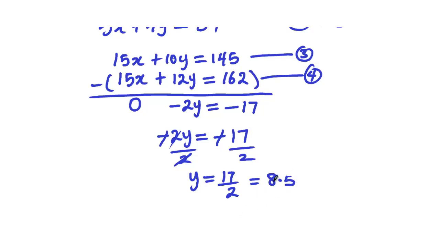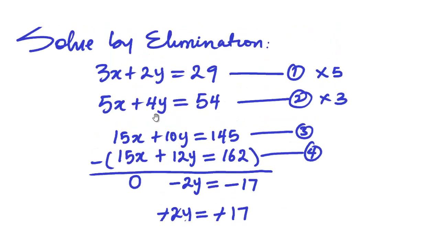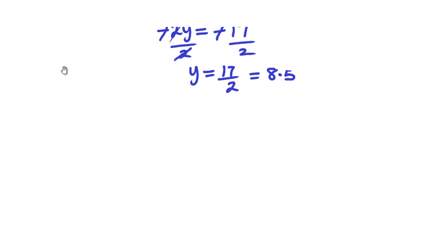Okay, so since we have gotten y, we can now substitute the value of y in any of equation 1 or 2. So let's use equation 1, which is 3x plus 2y is equal to 29. So now we substitute y, which is equal to 8.5 or 17 over 2, in equation 1. So let me recall equation 1.